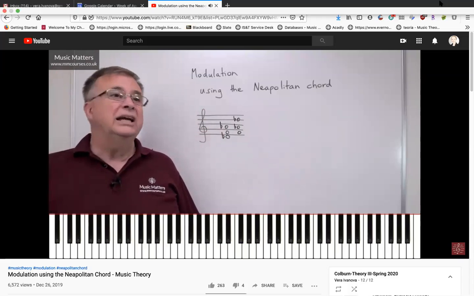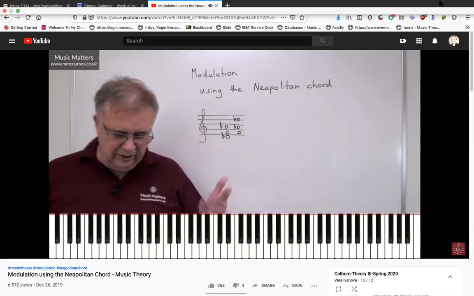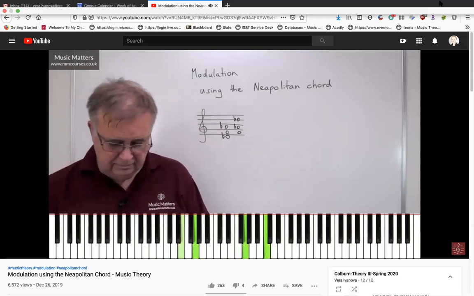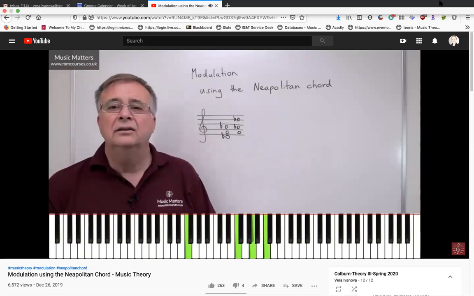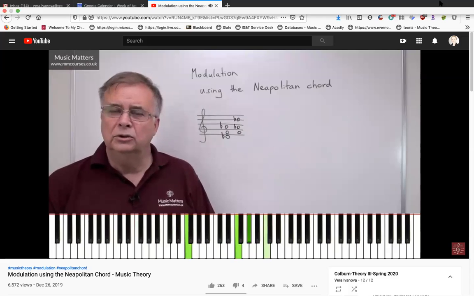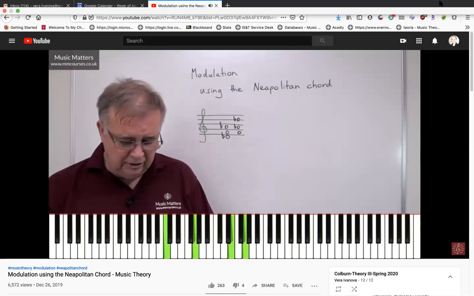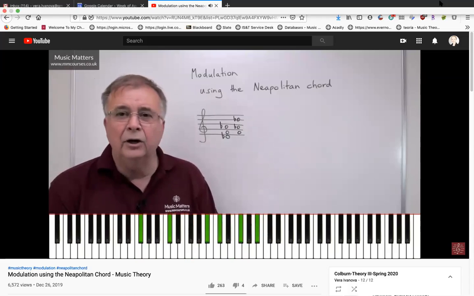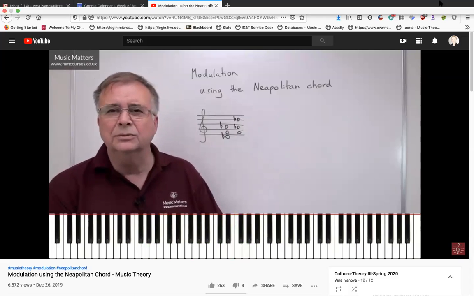But if you want to get straight to D flat major, one way of doing it would be to use a Neapolitan. So here I am, minding my own business in C major. Maybe I've used the Neapolitan chord in C major and then carried on in C major. But I might get to the point where I use the Neapolitan and then I carry on in D flat major. You see, that was pretty seamless, wasn't it?